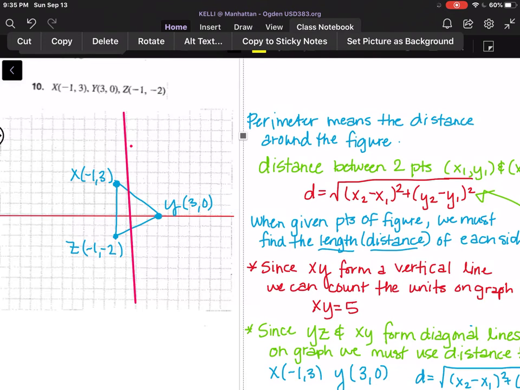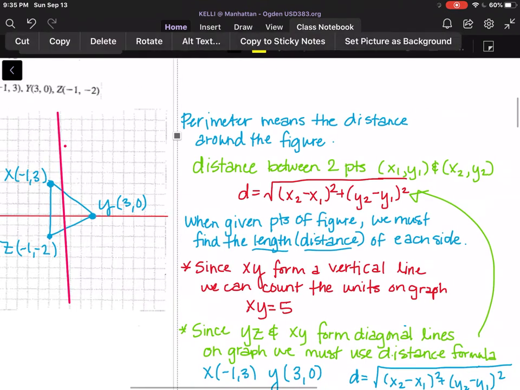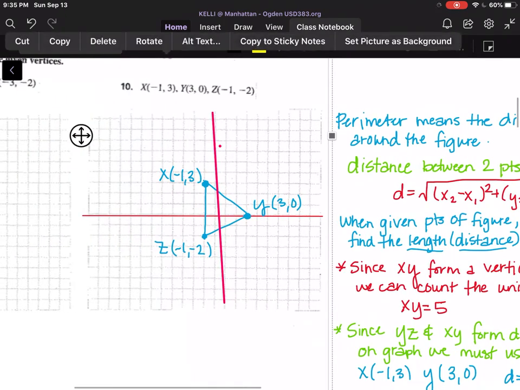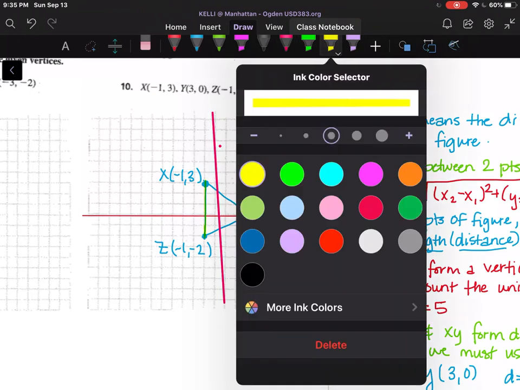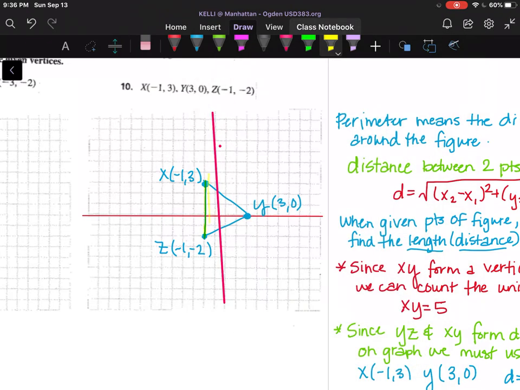And so the distance between 2 points, we can use the distance formula, which you learned in 1.3. Now, on some of these, like for x, y, right here, we're able to just count because it's completely vertical.